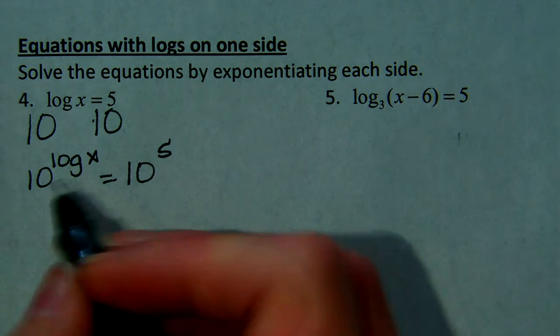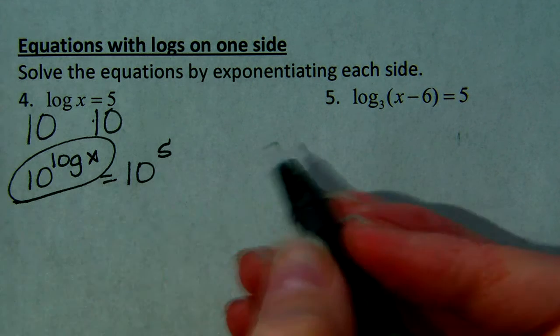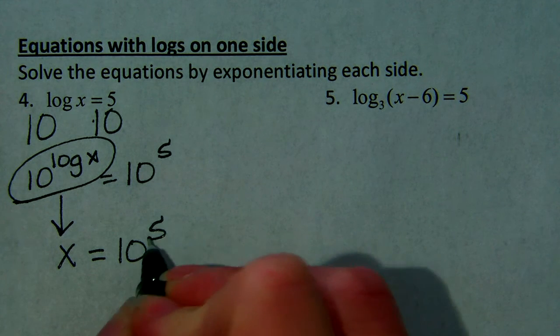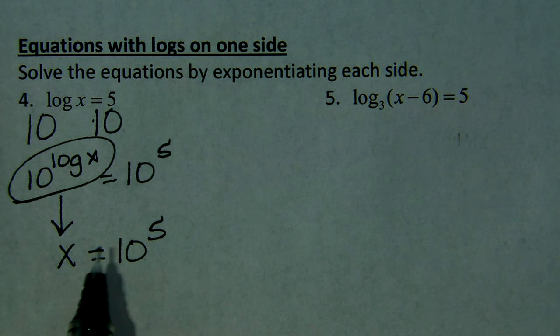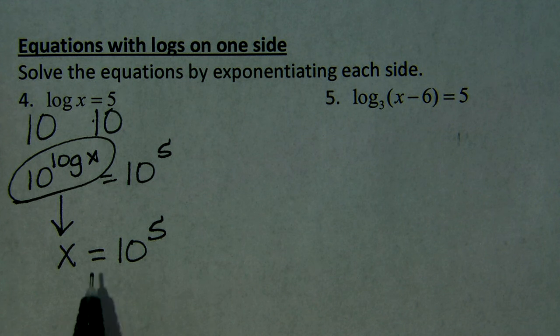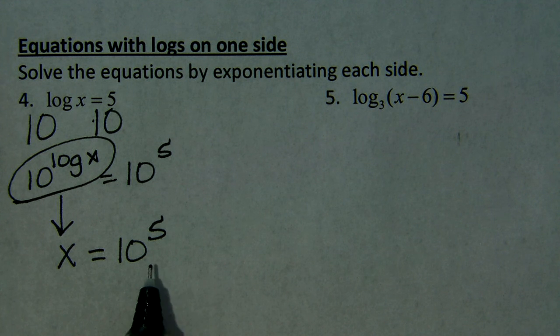What happens is that 10 raised to the log of x is just x, and that's equal to 10 to the 5th. Now, if you can multiply out this number, please, if it's 2 squared, tell me 4, okay? But 10 to the 5th, you could very easily just write the zeros, but you don't have to. If you want to leave it like that, that's fine with me.